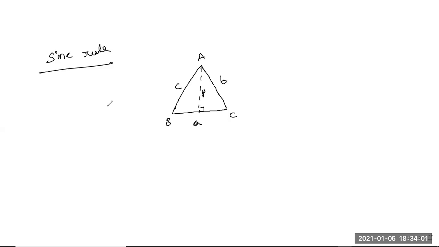So the sine rule is nothing but, suppose you take this angle and this angle. This is your perpendicular or height. In the right angle triangle ABD, what is sine B?